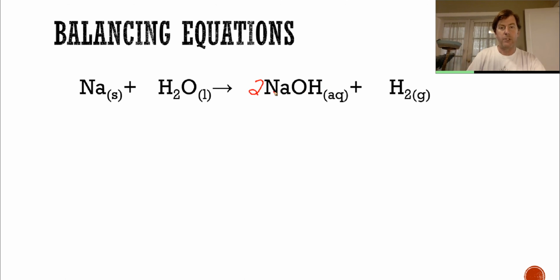That gives me 2 sodiums now, so I've got 2 sodiums here. I just fixed the hydrogen: 2 here and 2 there makes 4 hydrogens, and 2 oxygens. And hey, I've got 2 oxygens there. So now we have a balanced equation.